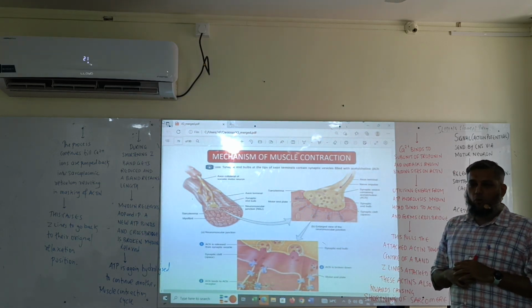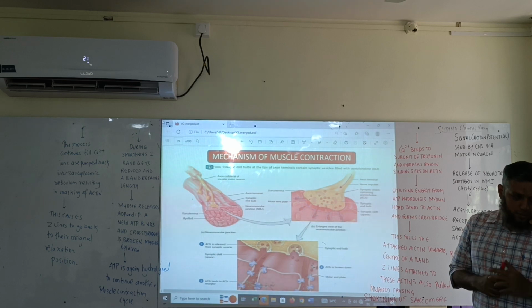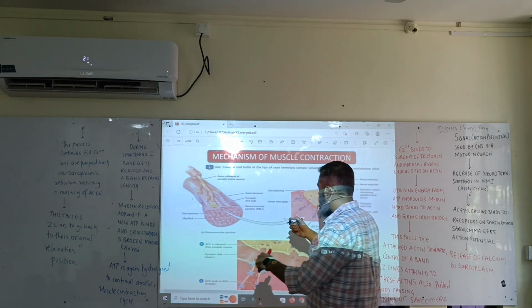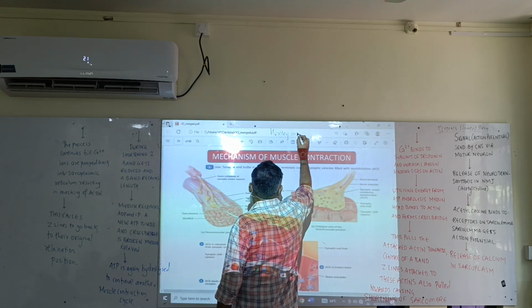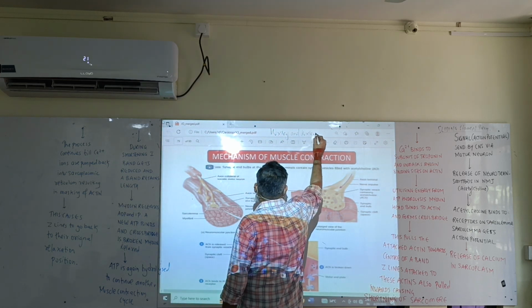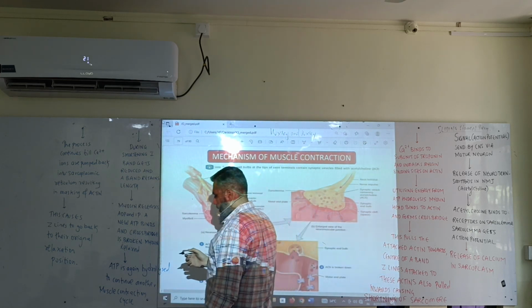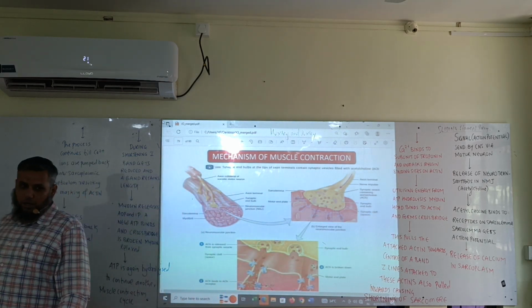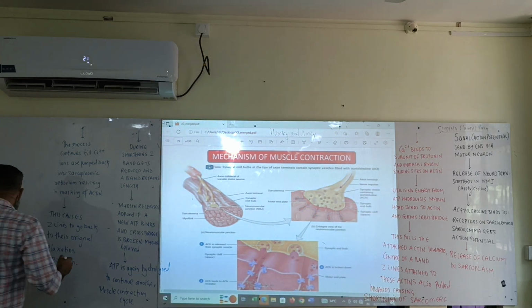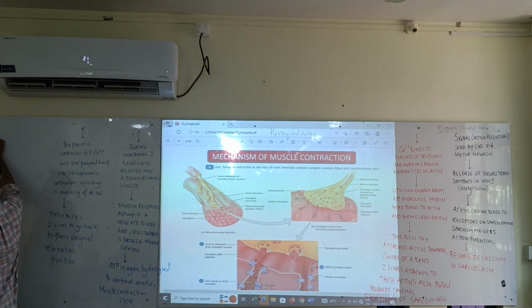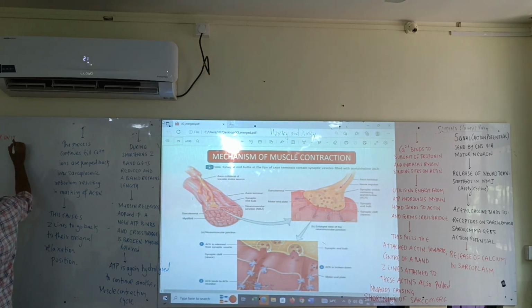It was put forward by Huxley and Huxley. But before I start with the theory, you need to know about what is a motor unit.